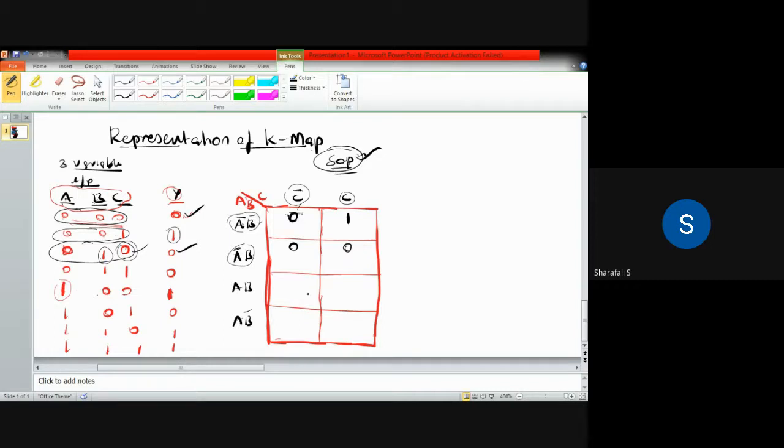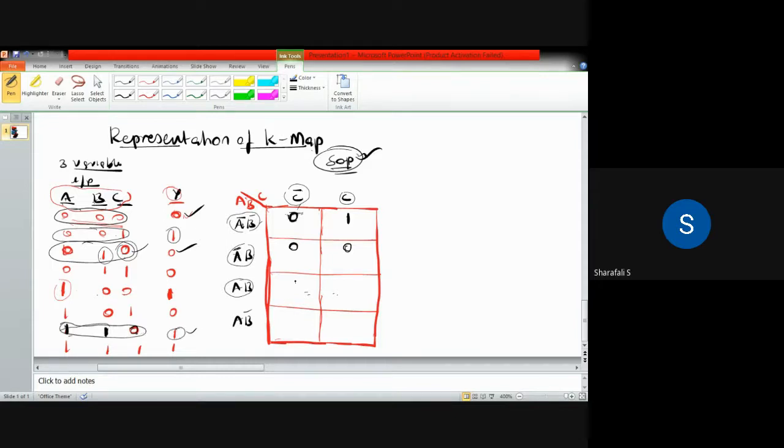But remember that for these two columns, you have to be careful, because this is A B C bar, and A B C bar is this particular combination. Here it is 1, here also 1, then 0. So A, B, C bar corresponds to this particular value, 1.